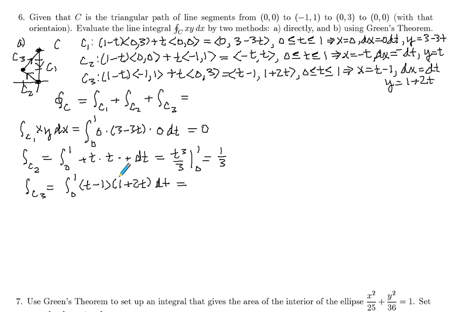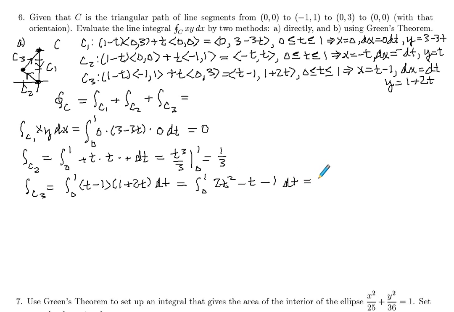We've got first terms t, outer terms 2t squared, inner terms negative 1, and last terms negative 2t. So if we reorganize a little bit here, this will be the integral from 0 to 1. Our outside terms are 2t squared, our last terms negative 2t, and our first terms positive t. So t minus 2t is minus t. And then the inside term was the negative 1. Collecting like terms.